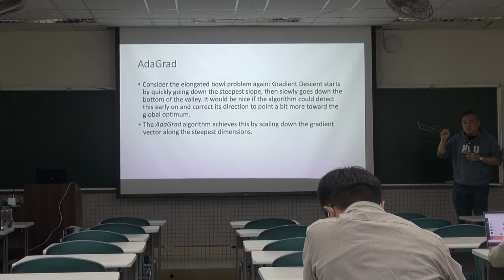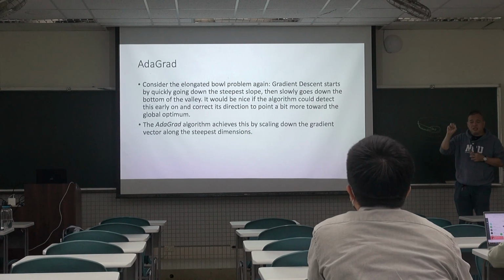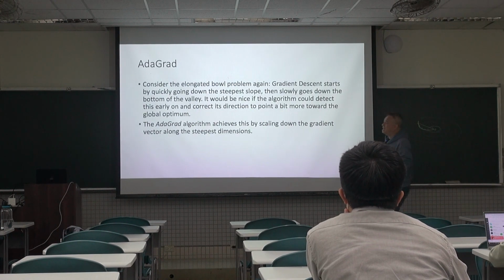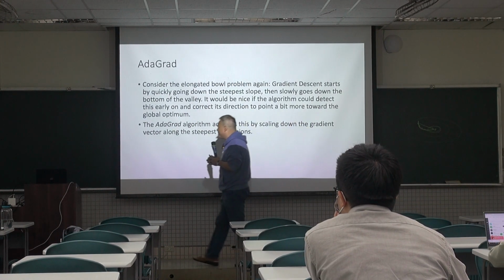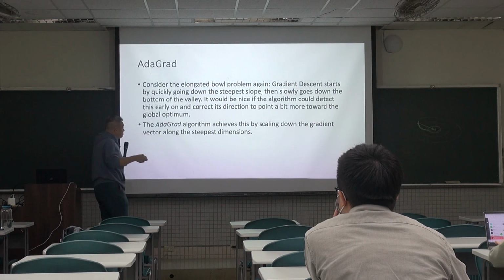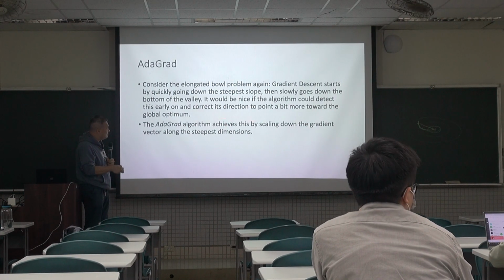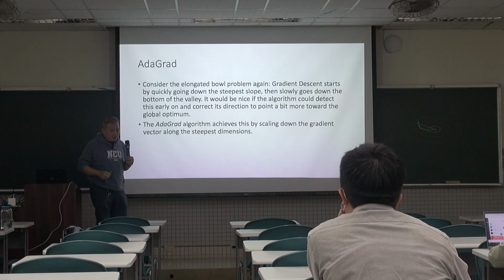Since going straight is better than going through a curve, that's why we have this AdaGrad concept. The AdaGrad algorithm achieves this by scaling down the gradient vector along the steepest dimension.